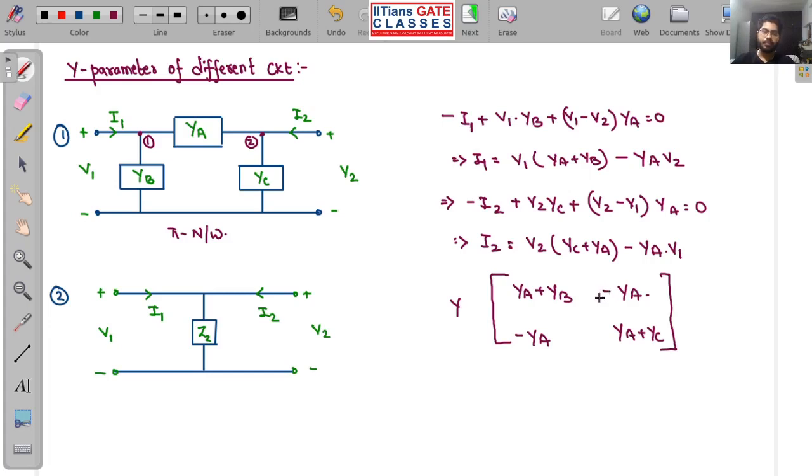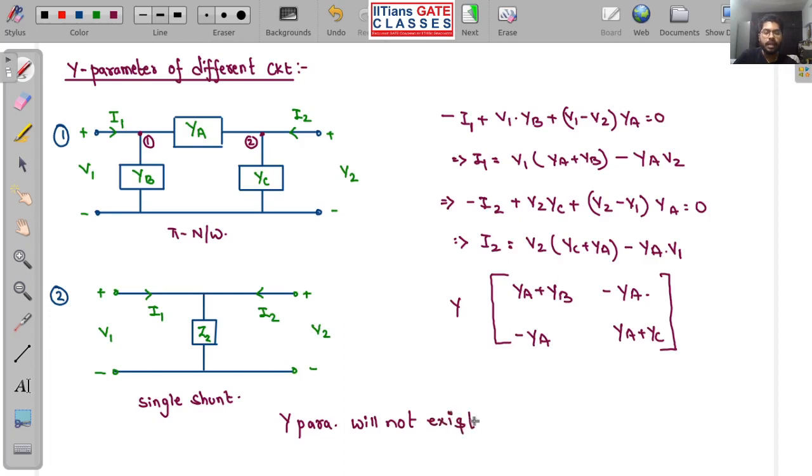Very simple thing. Now for a single shunt element, tell me, what will be my Y parameter? For a single shunt element, the Y parameter will not exist. Why will it not exist? Because you can see V1 is equal to V2.